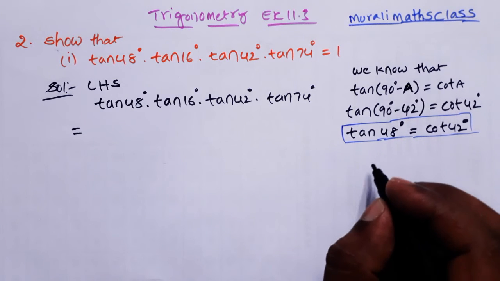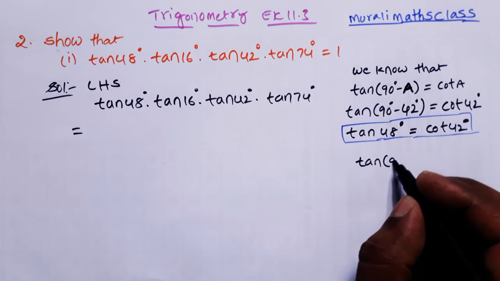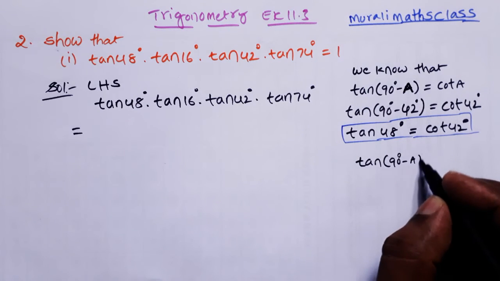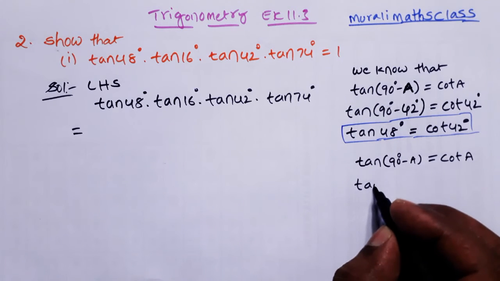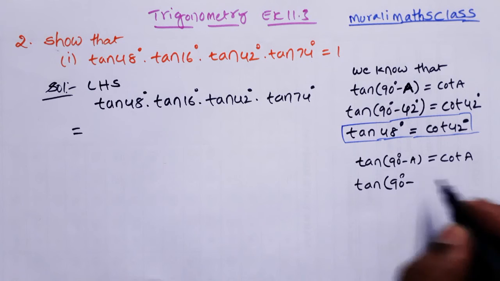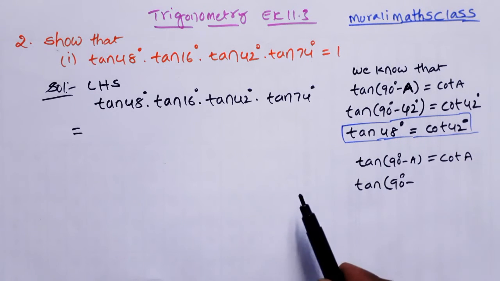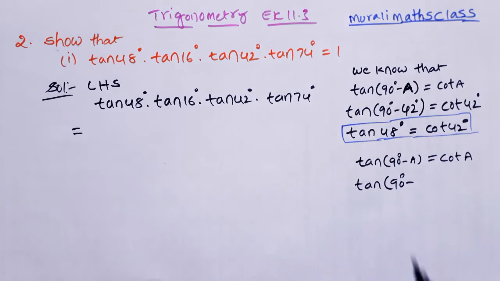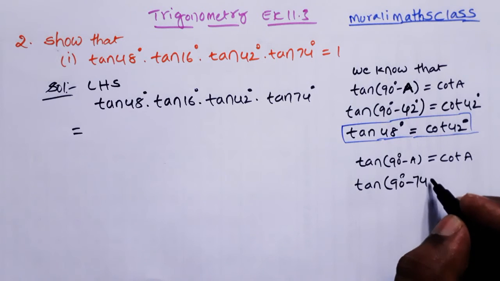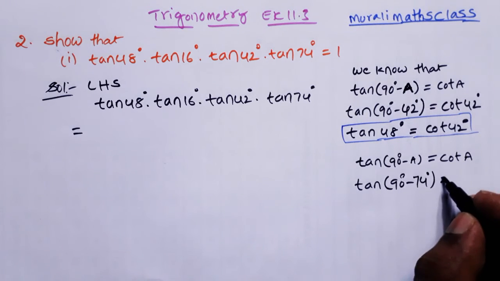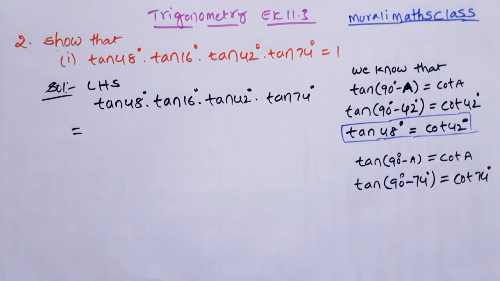Tan 16. So again I will write the formula here. Tan 90 degrees minus A equals to cot A. Then tan 90 degrees minus A angle, how much we have to take for getting the 16? So that will be 90 minus 74 degrees equals to cot 74 degrees.